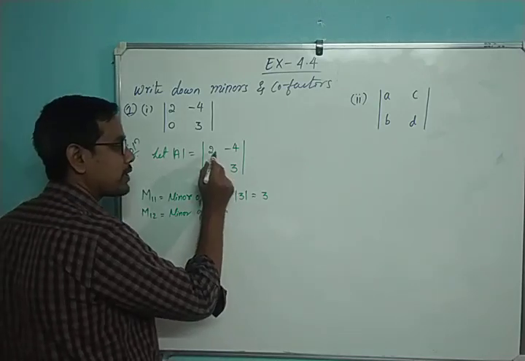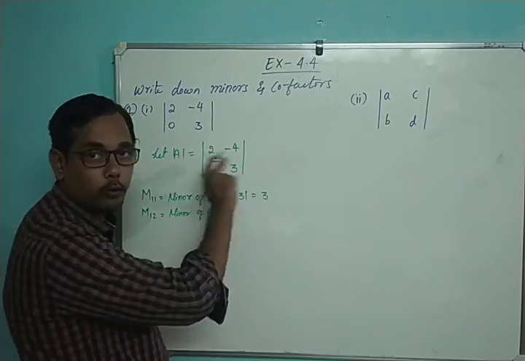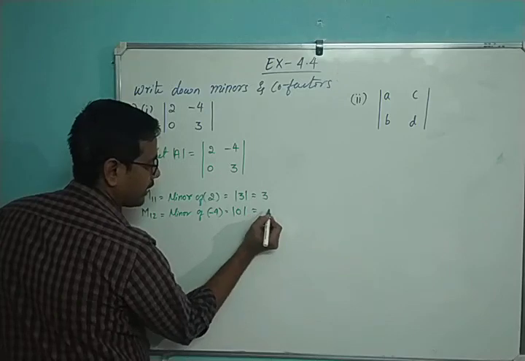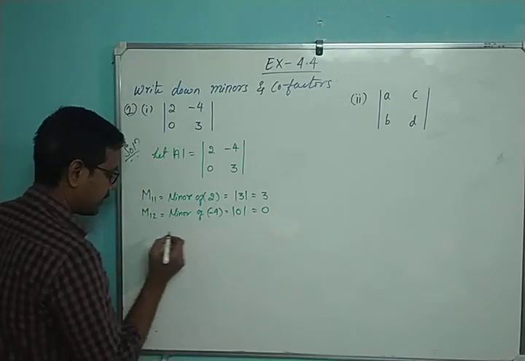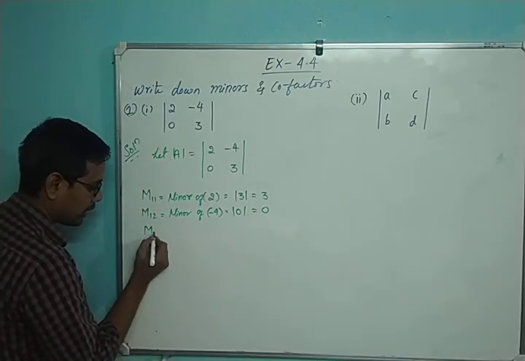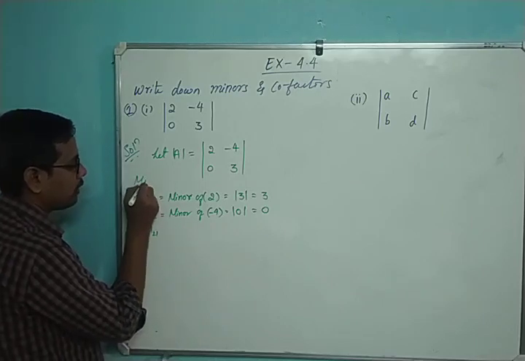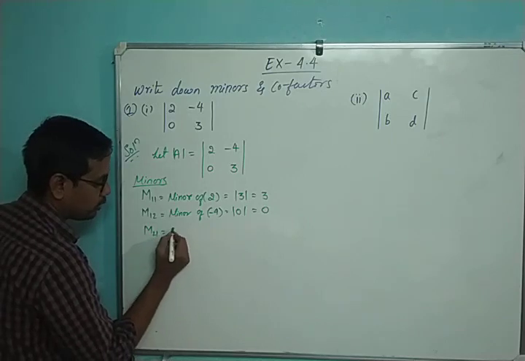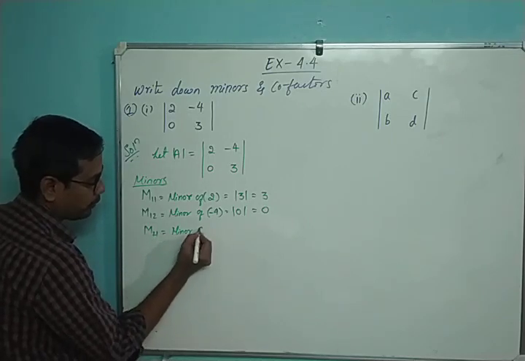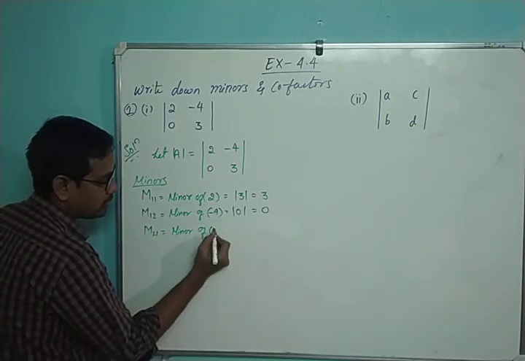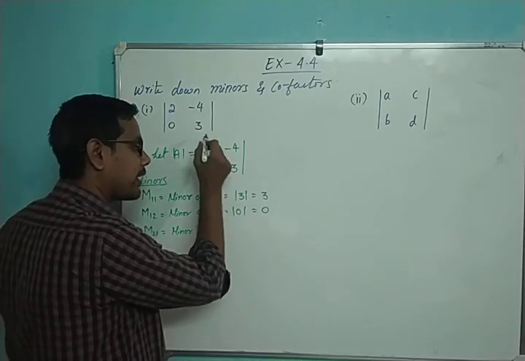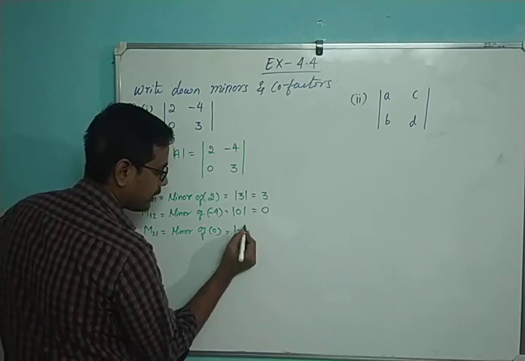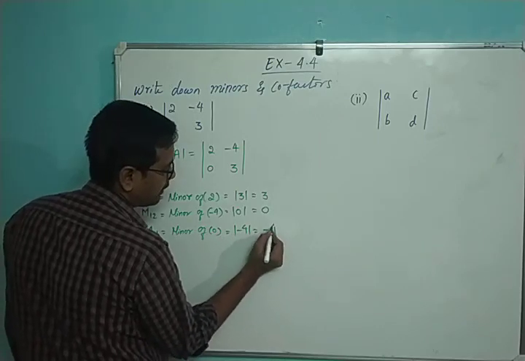Minus 4 is in the first row and second column, so leave the first row and second column. That will be the determinant of 0, which is nothing but 0. M21, these are minors. M21 is the minor of 0. 0 is in the second row and first column, so if I leave the second row and first column, what is left? The determinant of minus 4, that will be minus 4.